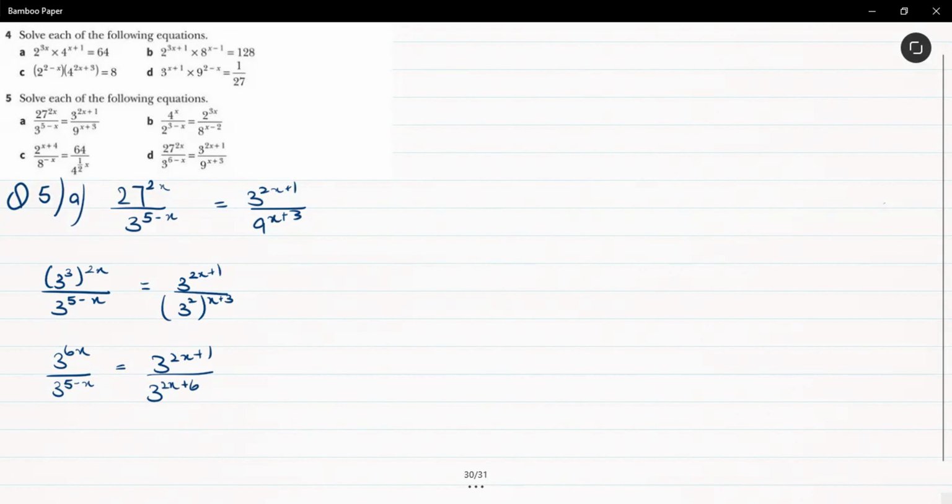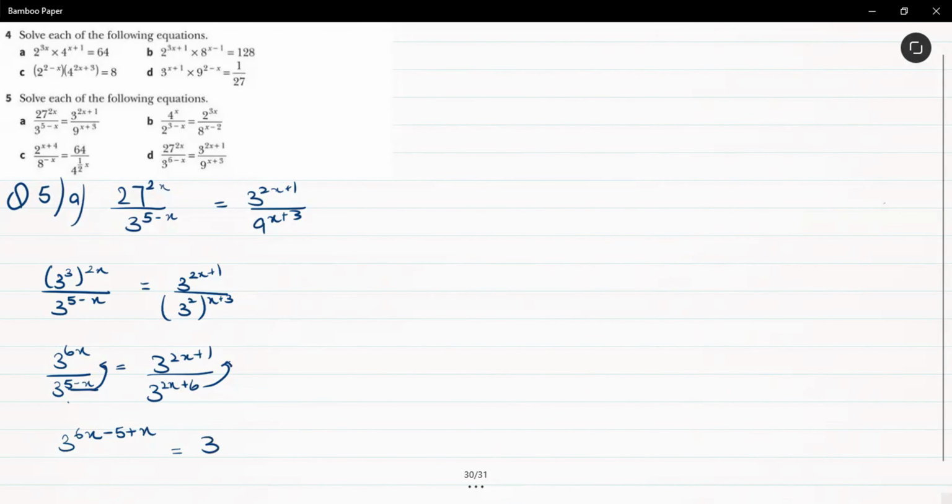Now again simplify this further. We bring the denominator into the numerator, and what we do next is 3 raised to the power 6x minus 5 plus x, because essentially we are multiplying this whole power by negative 1. Again the same for this side, bring the denominator into the numerator.